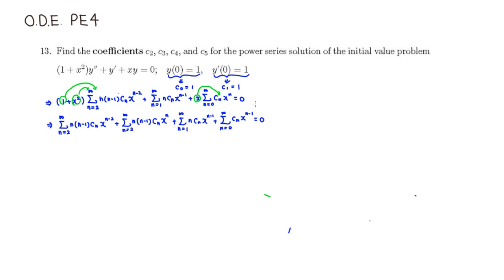So the next step, we would like to have x to the n everywhere. So we have to make a little bit of adjustment here. Here, I would like to have x to the n, so n minus 1. I messed that up, so this is actually n plus 1.